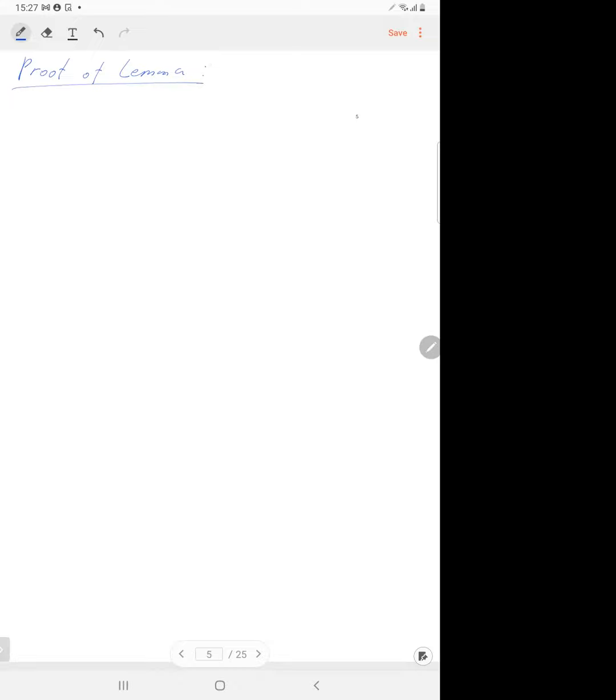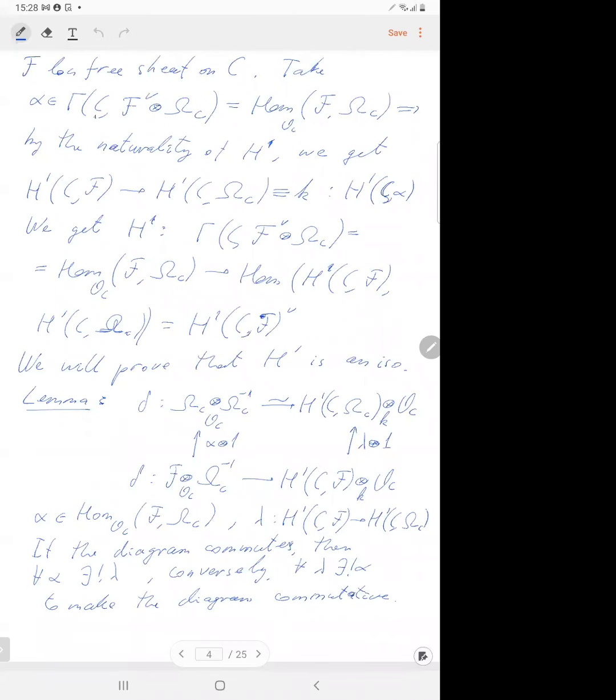For any lambda there exists unique alpha since the top row is an isomorphism. Let's have a look. Yeah, so you stare at this, and you define alpha just as the composition of the bottom row and lambda. Okay, that's clear.